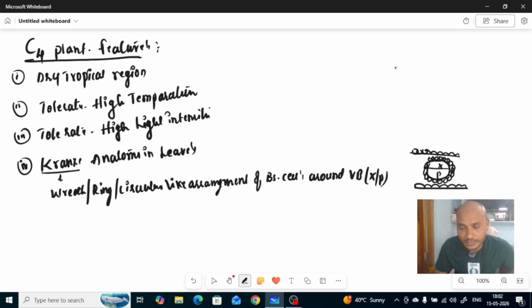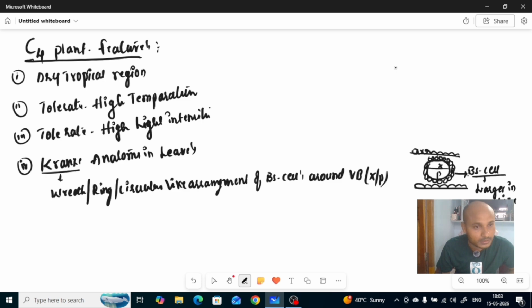This type of arrangement of bundle sheath cells around the vascular bundle is called Kranz anatomy. And the bundle sheath cells which appear around vascular bundles are larger in size.